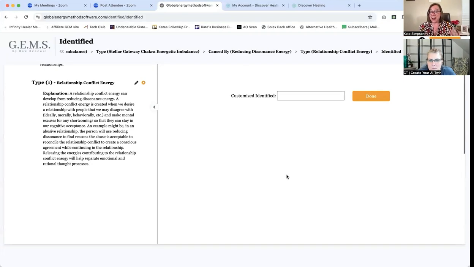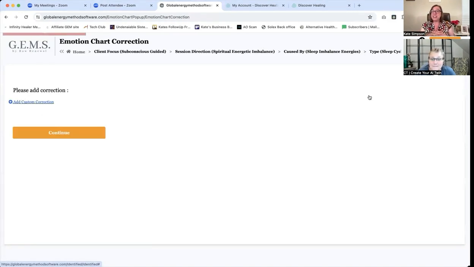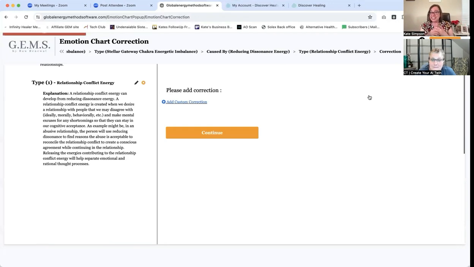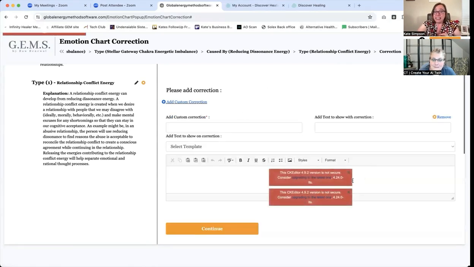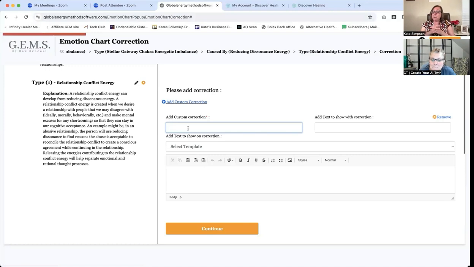There's something called cognitive dissonance, and that's when the conscious brain and the subconscious kind of disagree or have some type of misalignment. When it's a reducing dissonance, it's like you make excuses for that misalignment to stay in the relationship, essentially. So this is a relationship conflict energy. We can try and find out more about this.